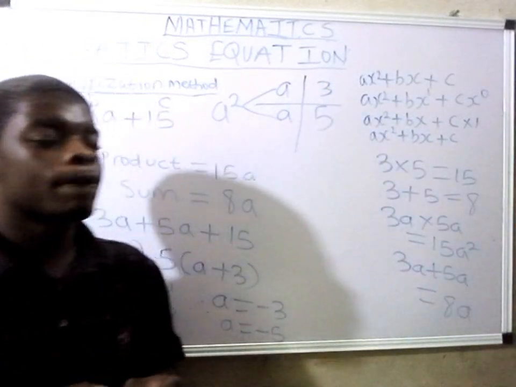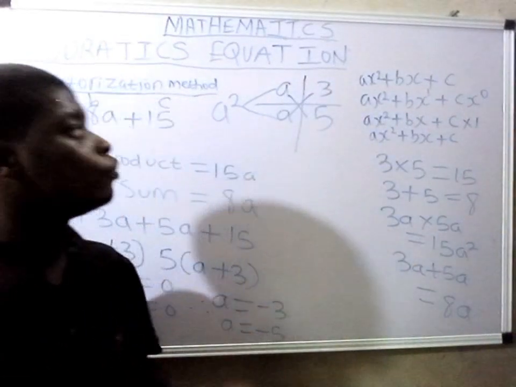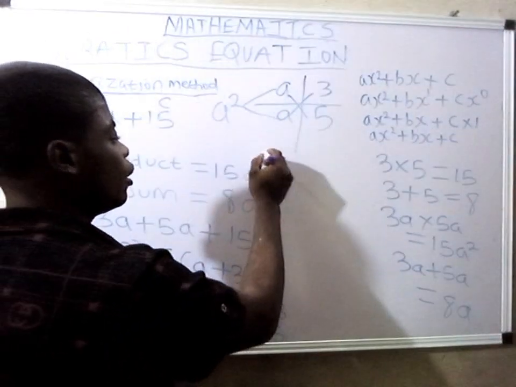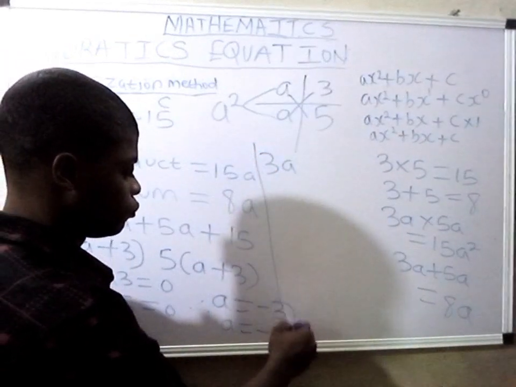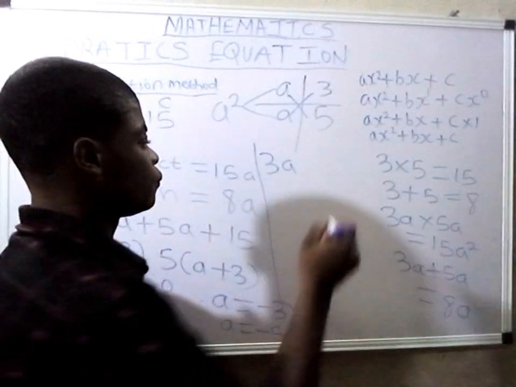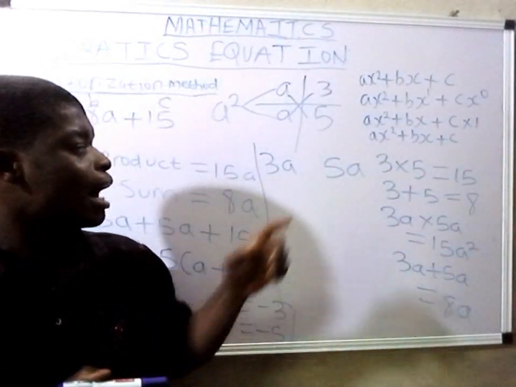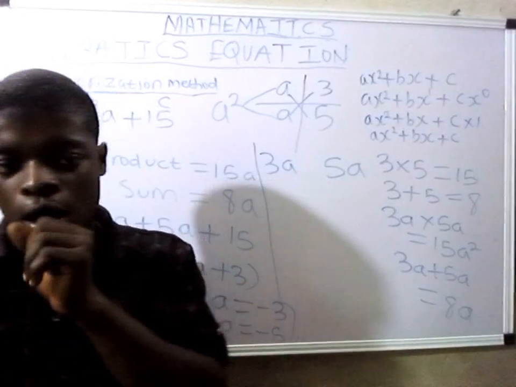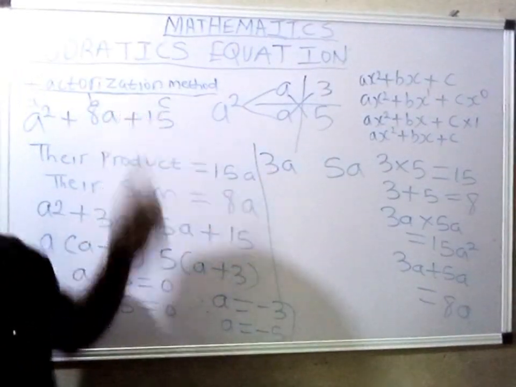The next step you take, you cross multiply. We have 3 times a is 3a, 5 times a is 5a. Then you imagine if we add or subtract, how can we get 8a?